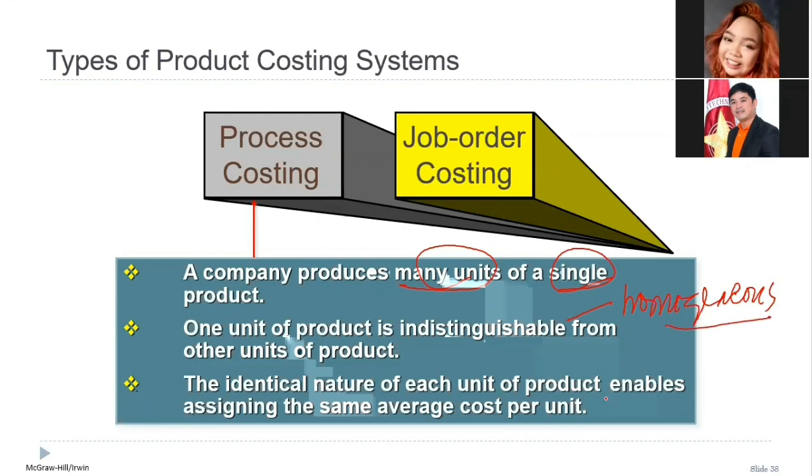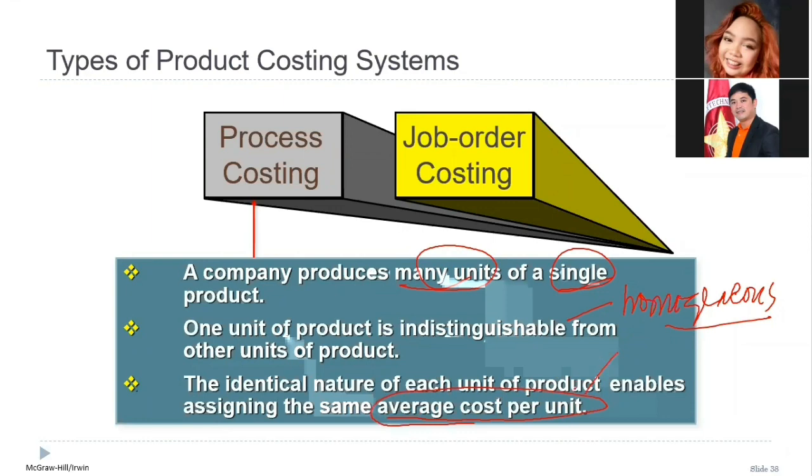So one unit of product is indistinguishable from the other units of product. Sabi dito, identical in nature of each unit of product enables assigning the same average cost per unit. So mas madaling mag-assign ng average cost per unit kasi isa nga lang yung product natin.